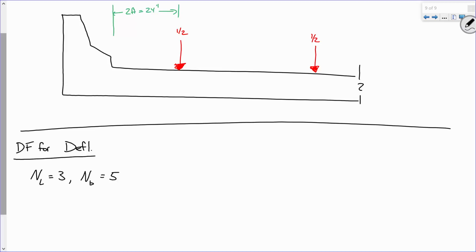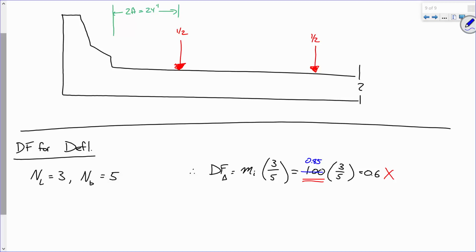A lot of people said the distribution factor for deflection is the multi-presence factor times 3 over 5, which is 1 times 3 over 5, which is 0.6. That's wrong, and the reason why is this: your multi-presence factor for 3-lane loading scenarios isn't 1, it's 0.85. So your answer was 0.85 times 3 over 5, which is something like 0.4.